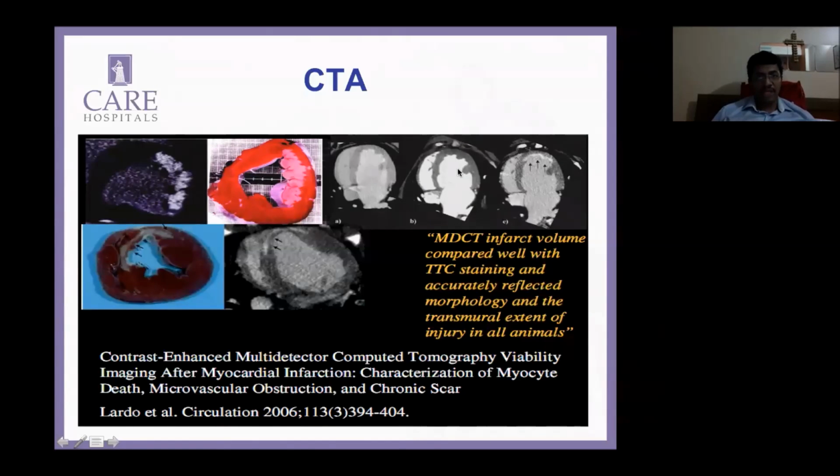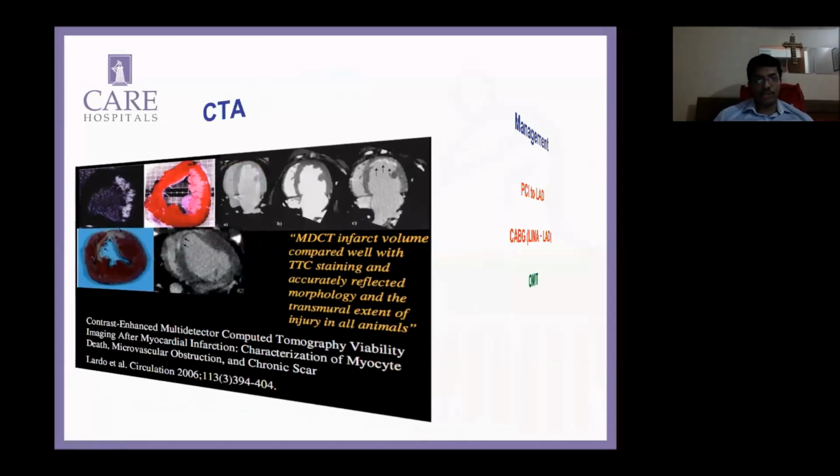But again, it comes at a slight disadvantage of more radiation when you have to do the second run. And all scanners don't have what is called dual source or dual energy. So it would be difficult, impossible on a routine 64 slice scanner. So this is the data. It's early data, but it's there right now, and CT can actually do the job.